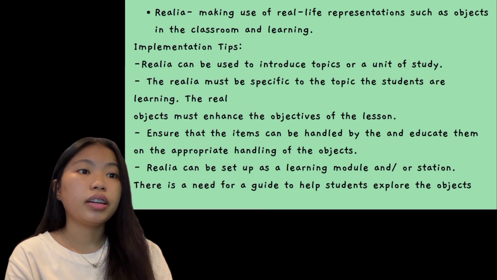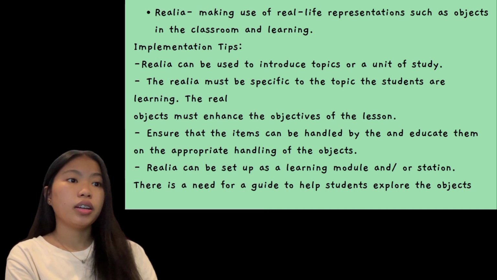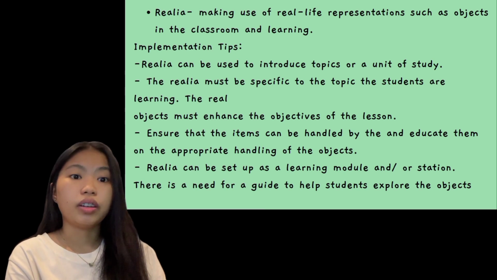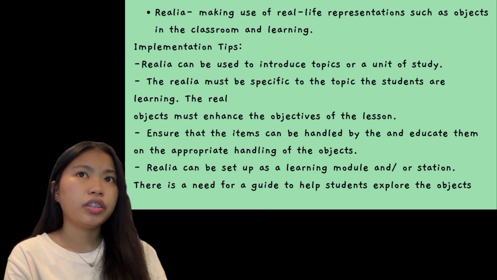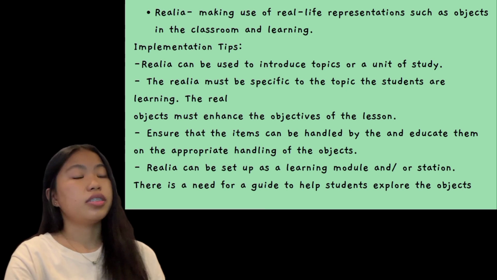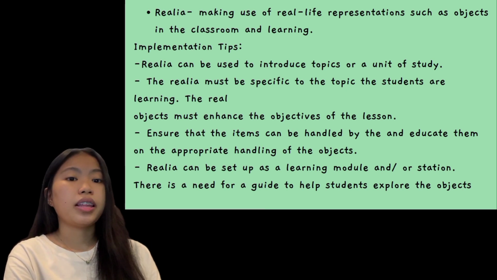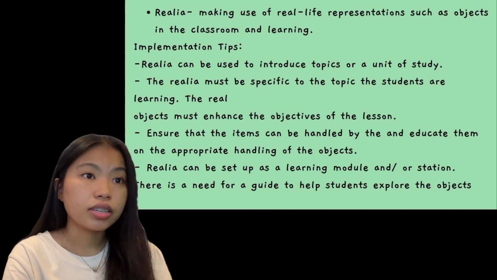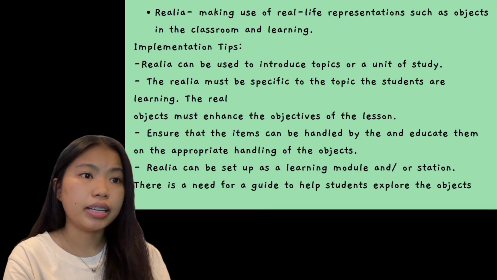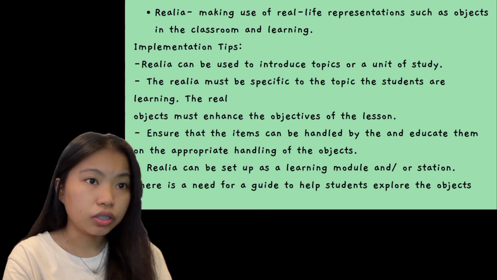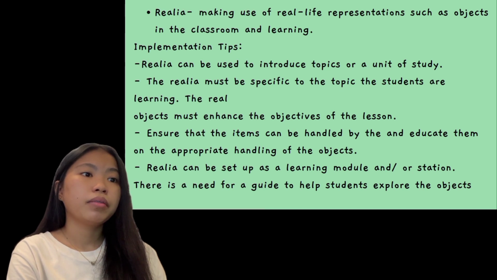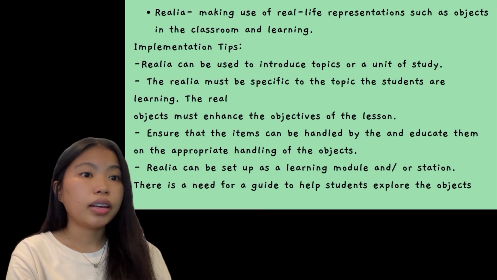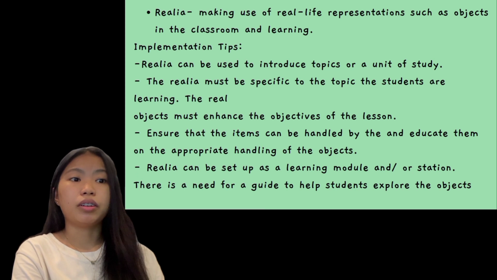Next, the realia must be specific to the topic the students are learning. Just like what I have said, if the students are learning about the heart or science, you need to present them the proper materials or realia. The real objects must enhance the objectives of the lesson. Ensure that the items can be handled by the students and educate them on the appropriate handling of the object.